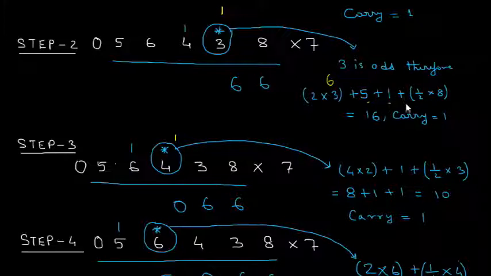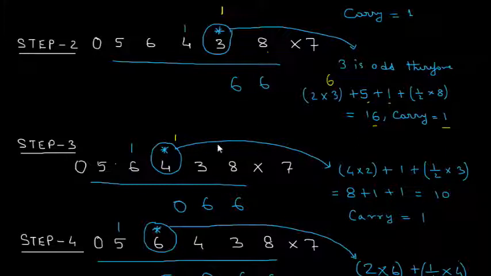So if we add all these things and plus half of its right hand side neighbor, which is 8, half of 8 is 4. So if we add 6 plus 5 plus 1 plus 4, then we get 16, and we'll put carry 1 and put 6 here.